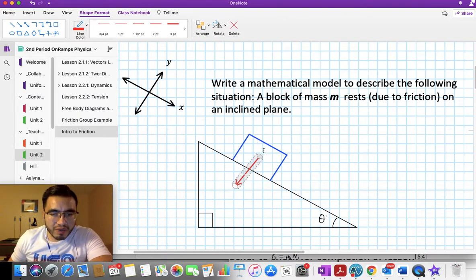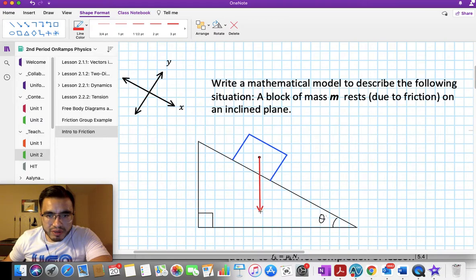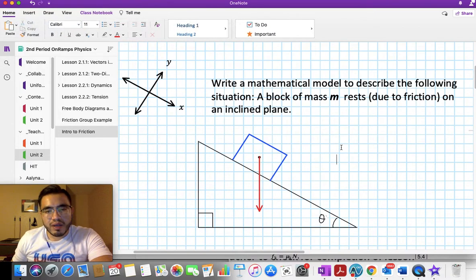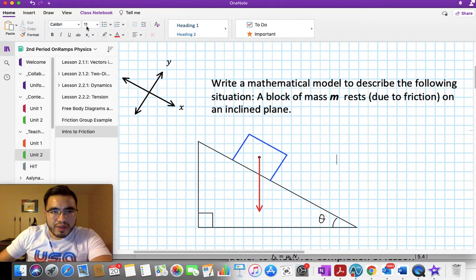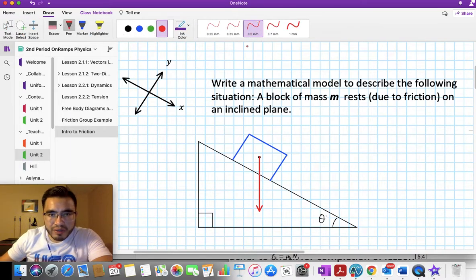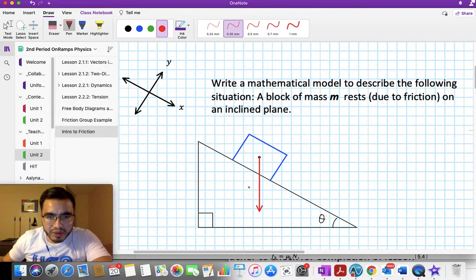The block wouldn't fall in this direction. It would fall straight down, just like that. And this is the weight of the block, which we'll call mg. We know m, well, m is a variable, right? So this is mg.